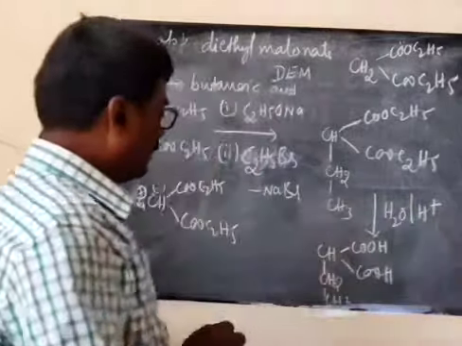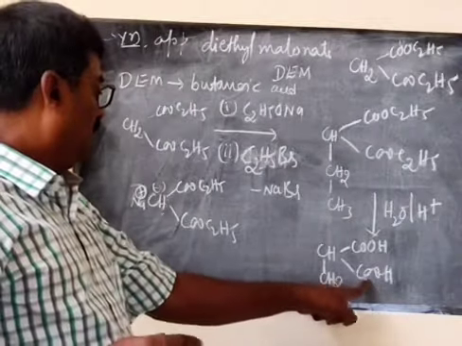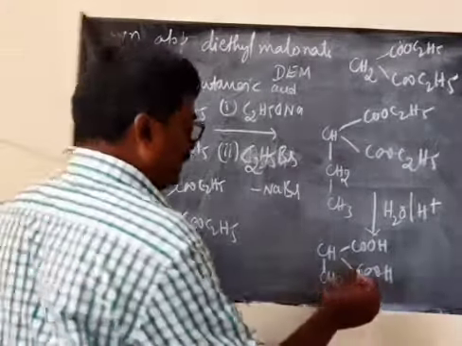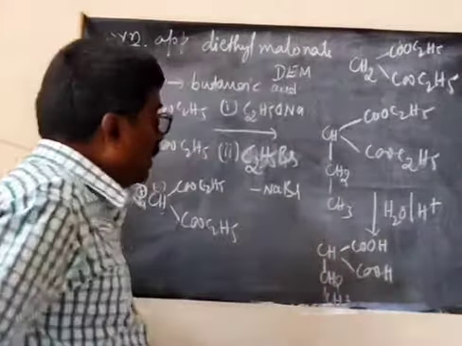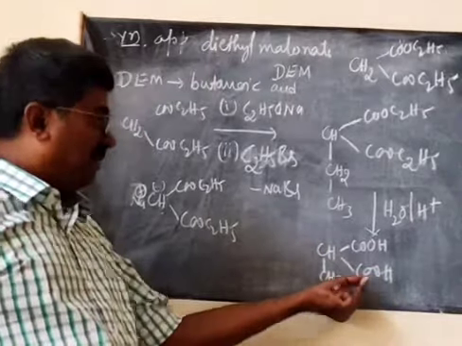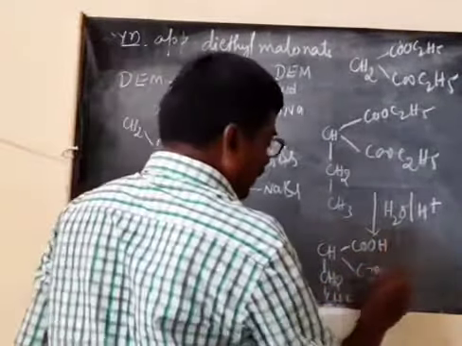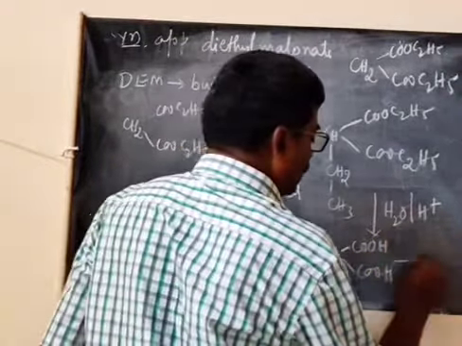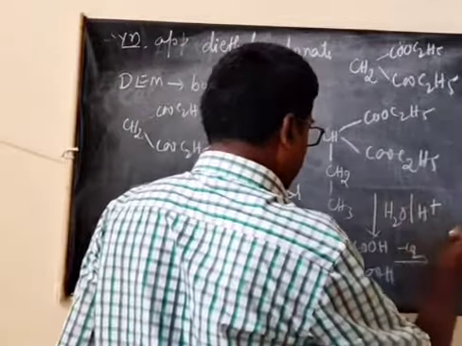So this intermediate is formed. If two COOH groups are linked to the same carbon atom, they are unstable and readily eliminate CO2.